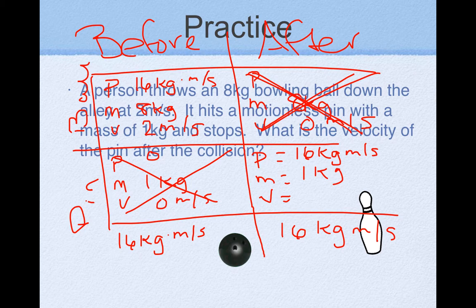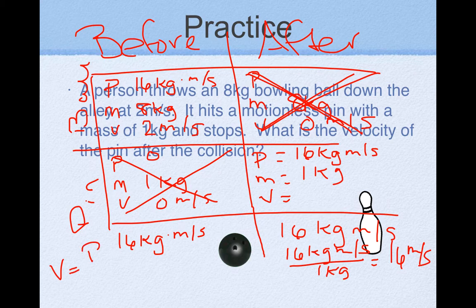And if we need to divide by our mass, it equals 16 meters per second. Remember, again, the formula for velocity would be P over M. So the velocity of the pin is 16 meters per second.